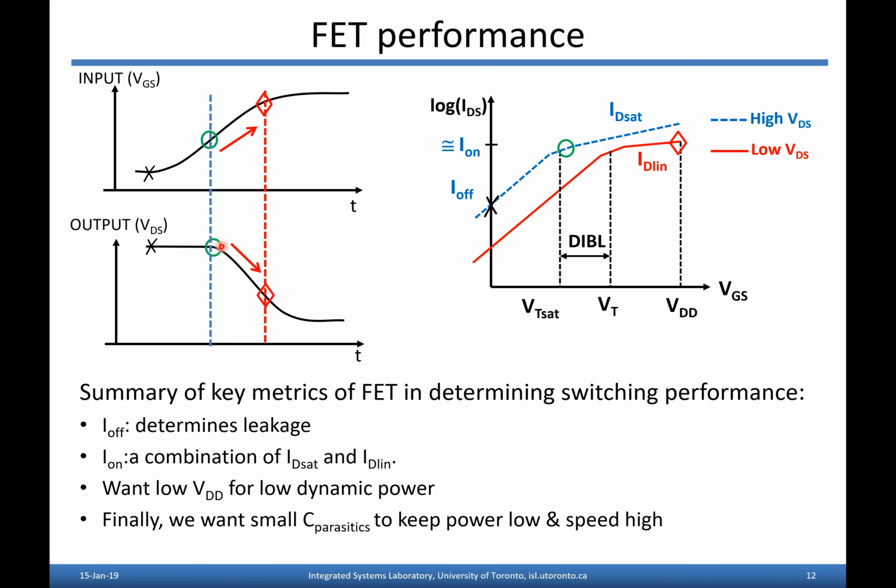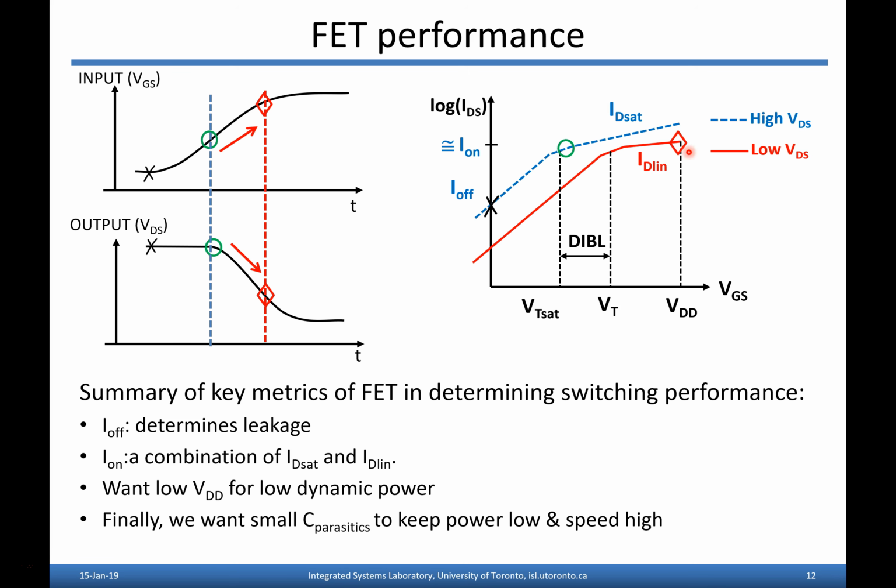Then as the transistor turns on, VDS is decreased, VGS goes up all the way to VDD, and then you've got a different curve with lower VDS. Now the DIBL's gone, the threshold voltage shifts up to where it should be, VT, and now, sure, you've got low leakage, but you're not leaking anymore. The transistor's on at this point, right?